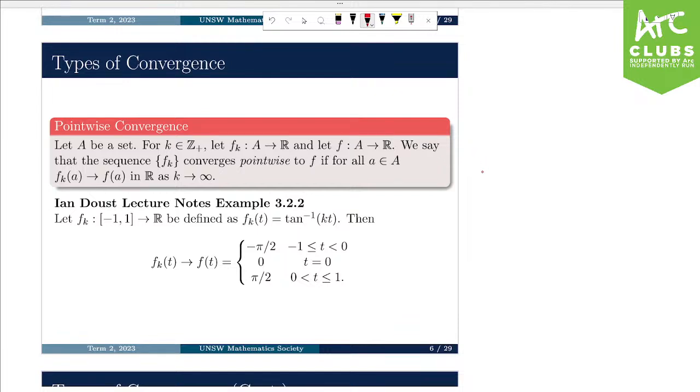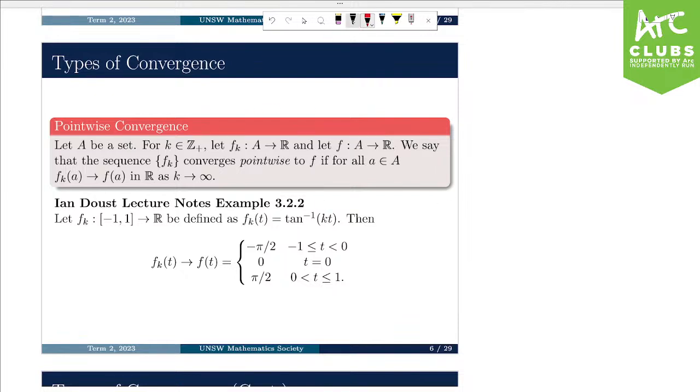So the first type is pointwise convergence. So pointwise convergence is at every point the sequence of function values converge to some number. So the example here is tan inverse of kt.